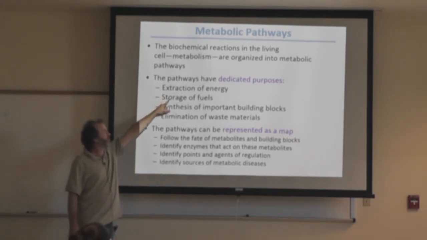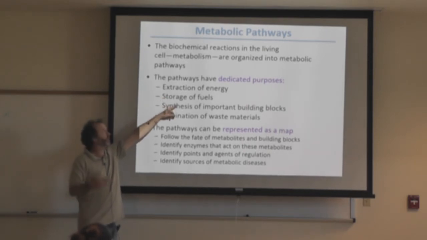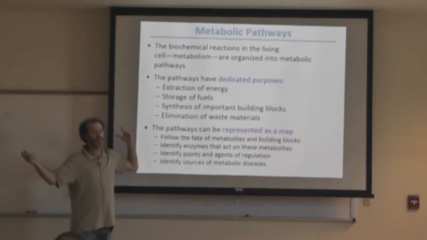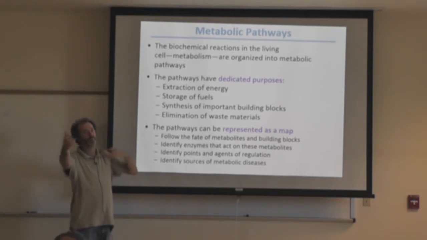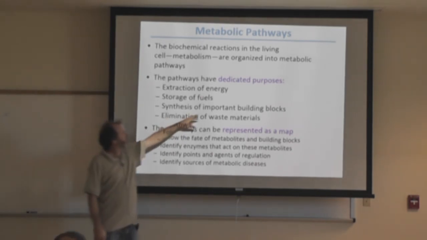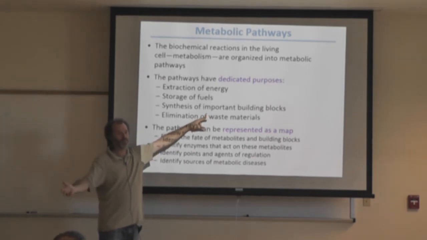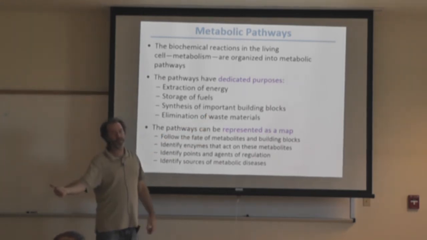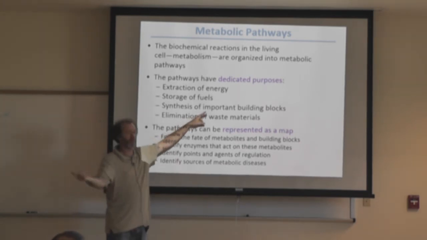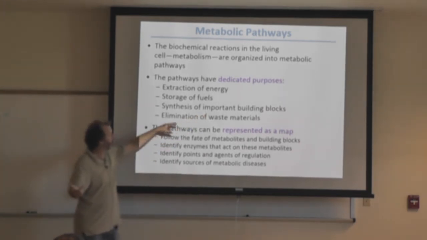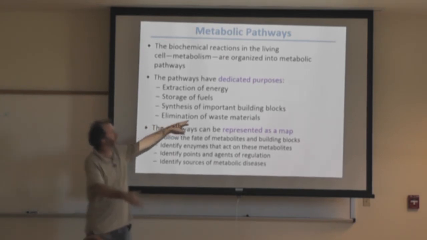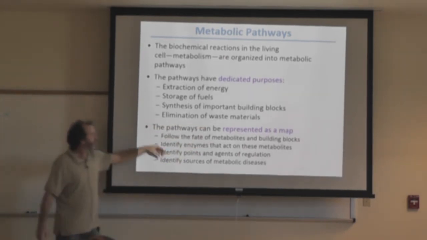Pathways have dedicated purposes, which is going to be extraction of energy or storage of energy, and that's glycolysis versus gluconeogenesis there. Synthesis of important building blocks, such as the pentose phosphate shunt. We need that NADPH for synthesis of fatty acids and other things, and also the ribose 5-phosphate for DNA and RNA. And then the elimination of waste materials.